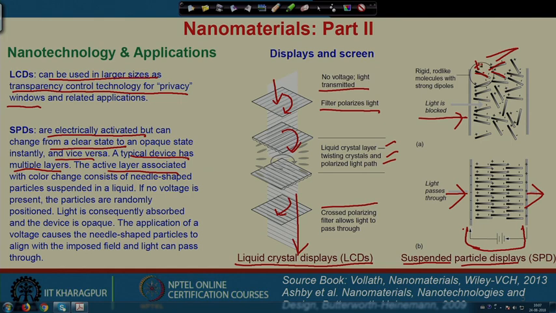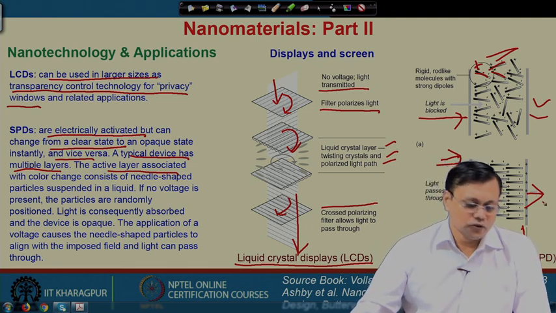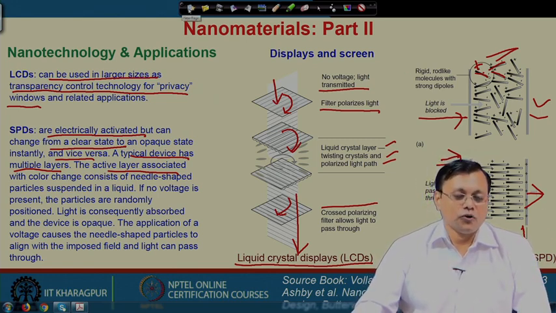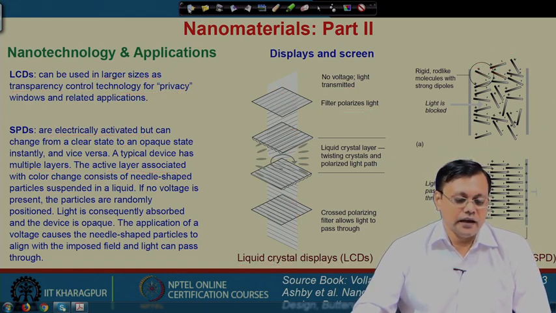If no voltage is applied, then the particles are randomly positioned, and in that case it becomes opaque, but when we apply a voltage, then they are aligned along the direction of the applied voltage, and these needle-shaped particles impose a field and light can easily pass through it. So, this is a very nice example of nanotechnology. So, two of these nanotechnologies we have discussed, like QLED, or let us say the LCD and SPDs and so on.